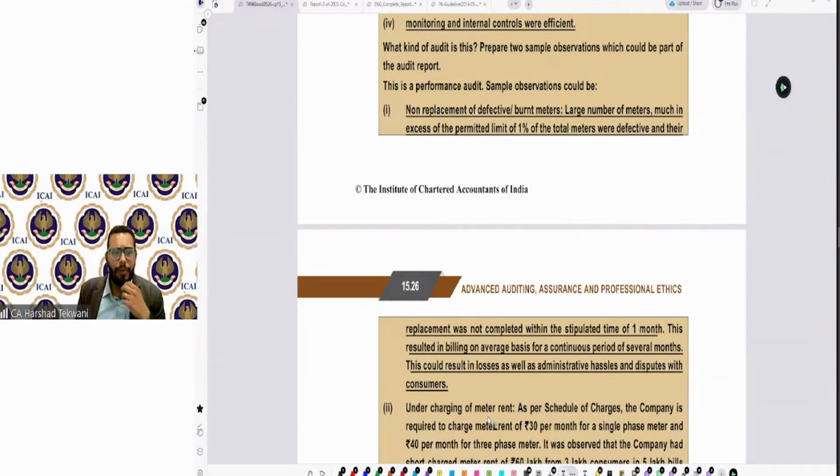This is a sample observation, but what classification can I give to this particular observation?